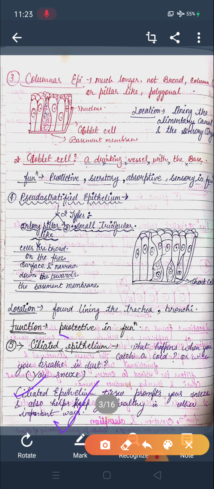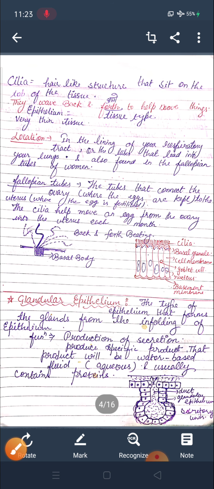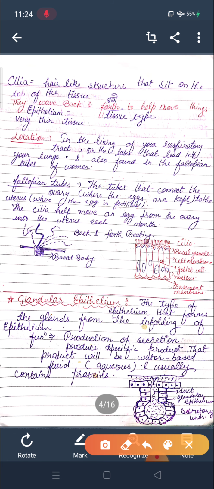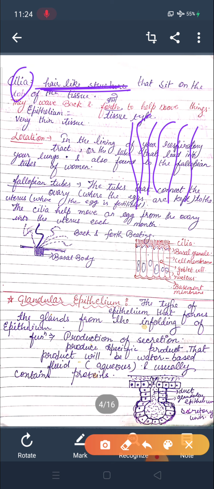So what is the main function of this epithelium tissue? Actually these ciliated tissues are made up of the word cilia. Cilia means hair-like structure, very small follicles.